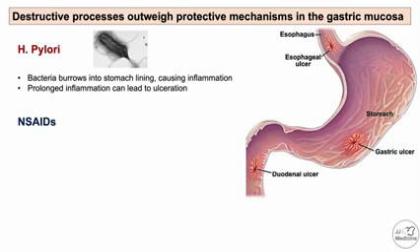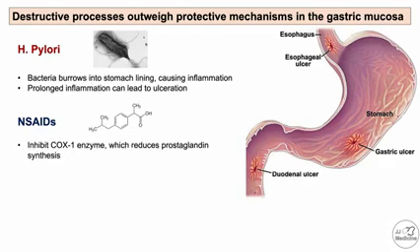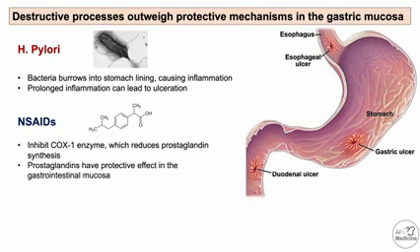We also talked about non-steroidal anti-inflammatory drugs, or NSAIDs, being an important cause of ulcers. The reason being is that NSAIDs, like ibuprofen, inhibit an enzyme known as COX-1, or cyclooxygenase 1, which reduces prostaglandin synthesis. And the reason this is important is that prostaglandins have a protective effect in the gastrointestinal mucosa.